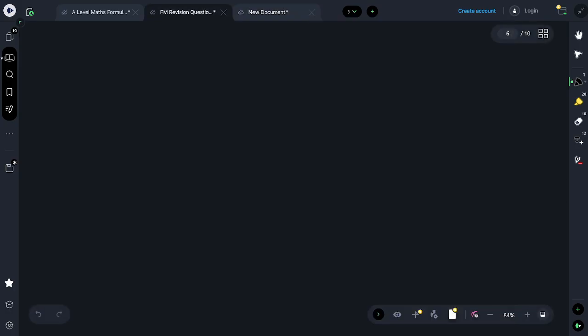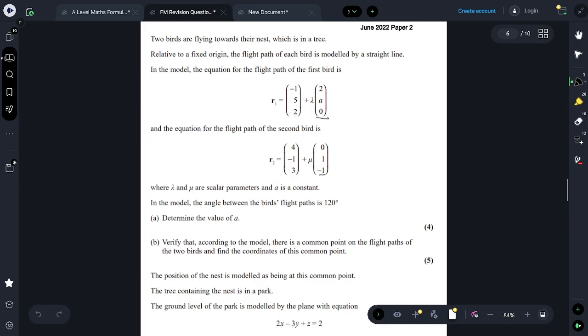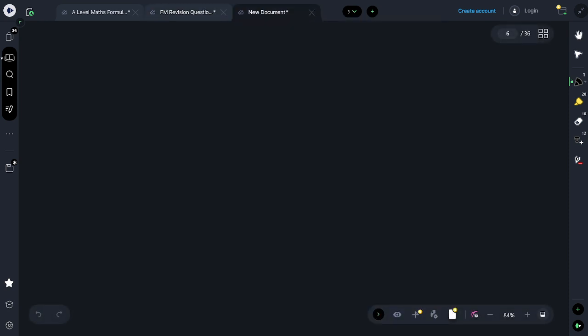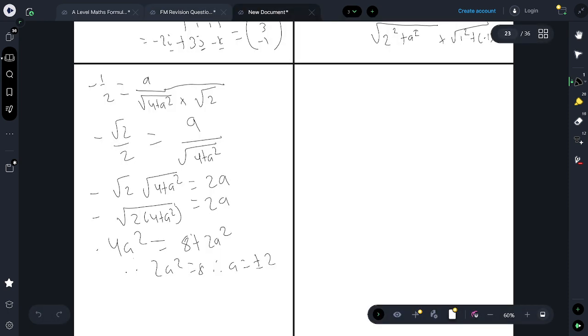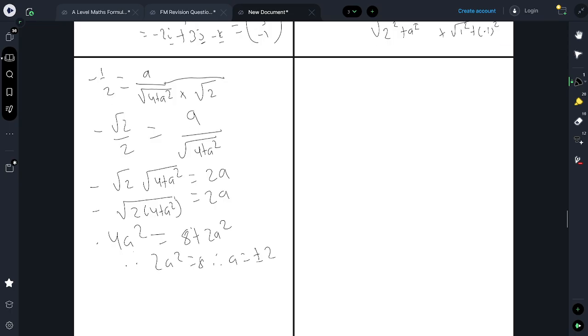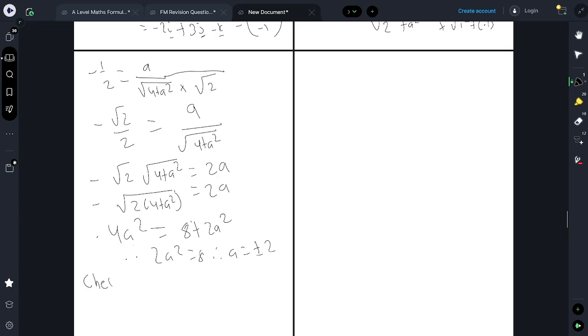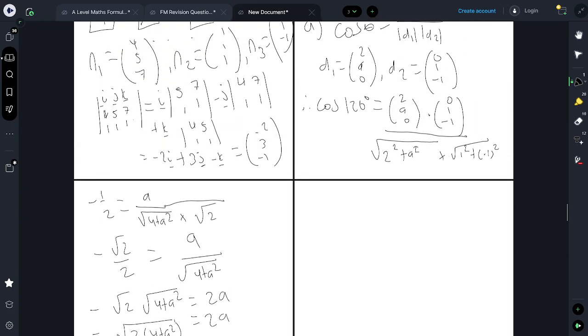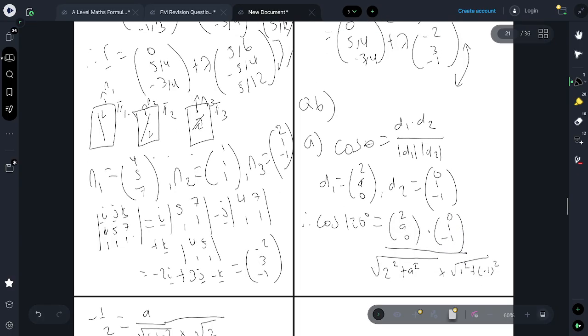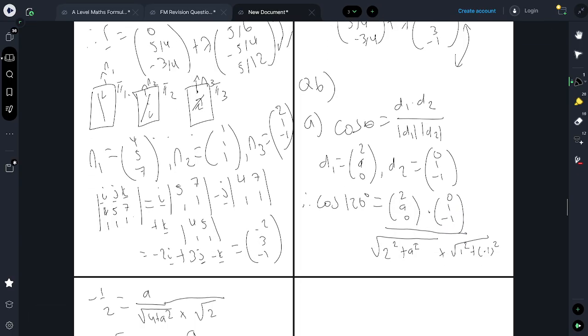But we've got two solutions here. Have they told us anything? a is a constant. Well, what we did here essentially was introduce an extra root by squaring, so we need to check them separately. We need to check a is 2. How to do that is to substitute it into our angle formula again.